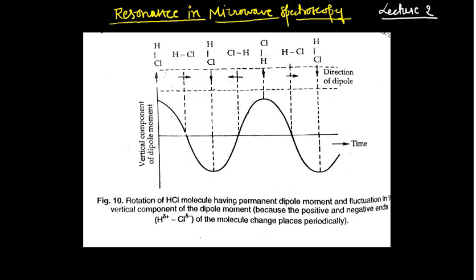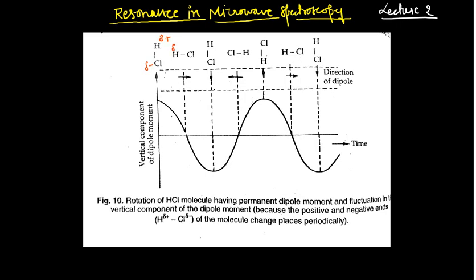If you see this diagram, here I have shown the HCl molecule. You can see this is the positive end, because it is a polar molecule, and this is the essential condition for microwave activity: the molecule must be polar.